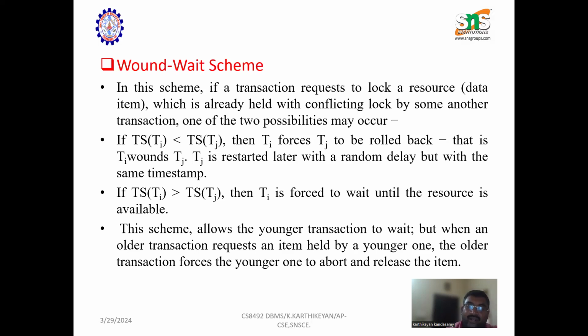If TS(Ti) is greater than TS(Tj), then Ti is forced to wait until the resource is available. This scheme allows the younger transaction to wait when an older transaction requests an item held by the younger one.